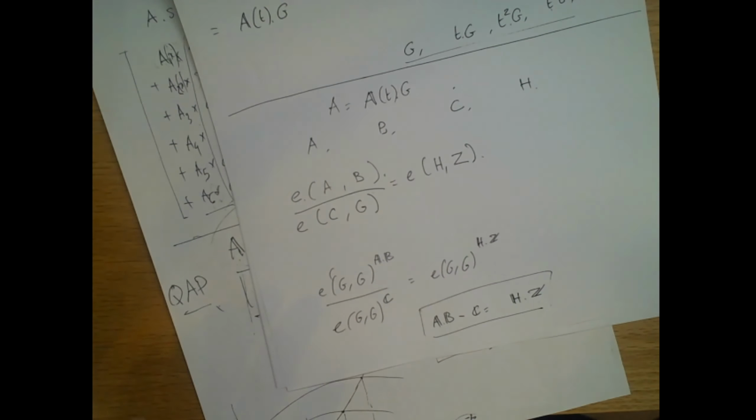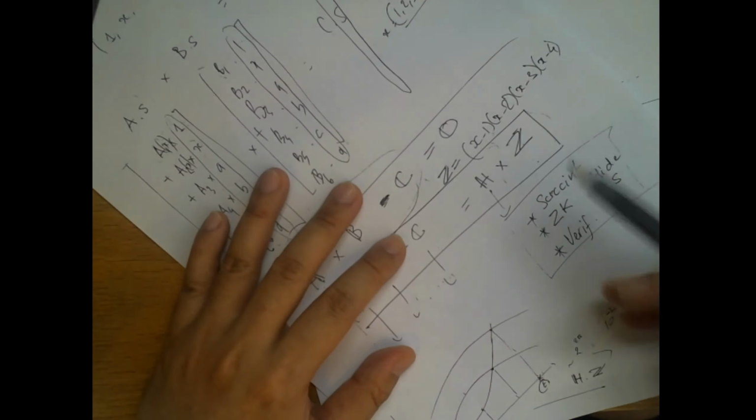This answers the succinct part, because we're not sending the whole polynomial. So far we're sending 4 points, A, B, C, H. It's just 4 points, so it's pretty small. It's zero knowledge because these are points, not the values. And this is verifiable.